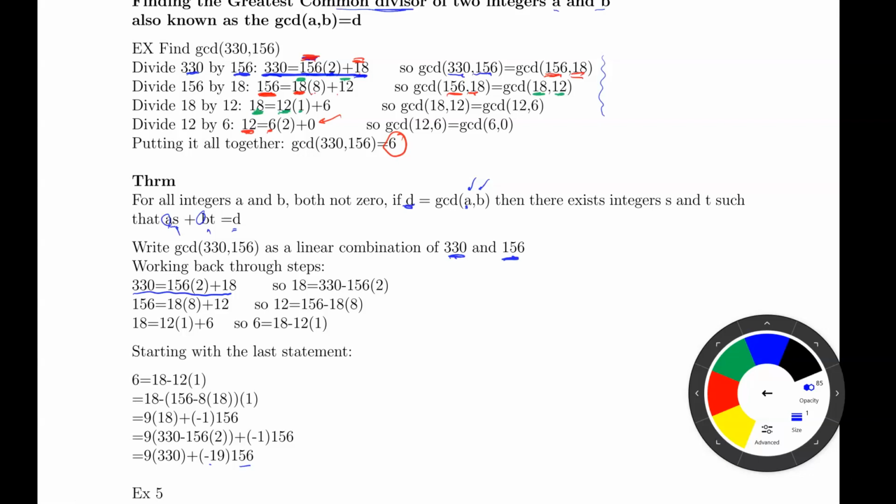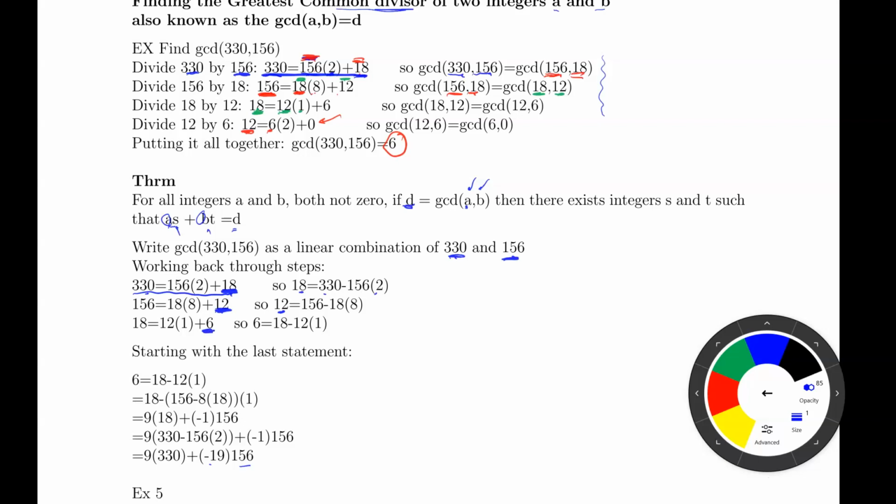I take this first step and solve it for the remainder of 18: 18 equals 330 minus 156 times 2. Don't multiply these numbers together, leave them like that. Then I take the remainder of 12 and solve for it: 156 minus 18 times 8. And here's my 6, which I know is my greatest common divisor.